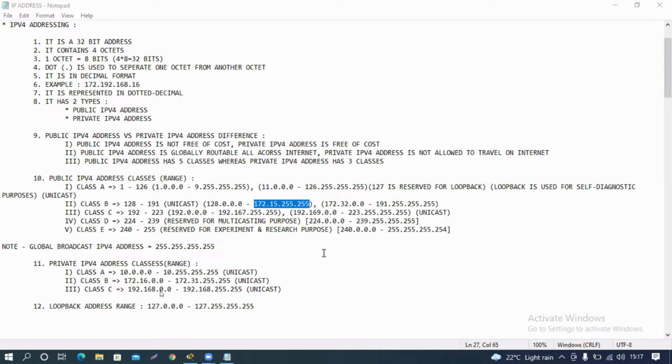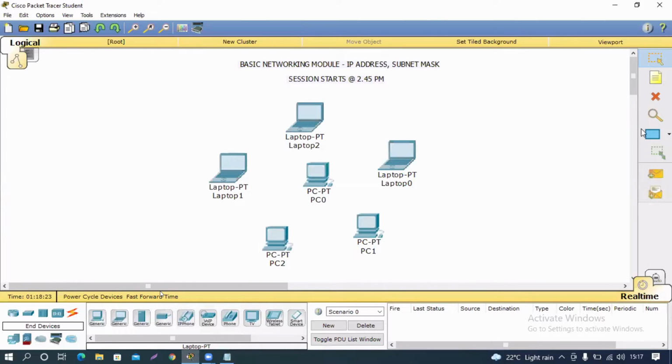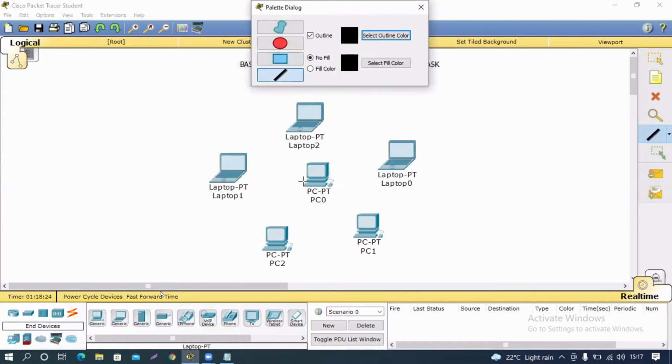If multicasting means a group interacting with a group of machines, now unicast for what, which purpose? Unicast means direct communication with one system only. If you are communicating directly between these two machines, this is unicast.